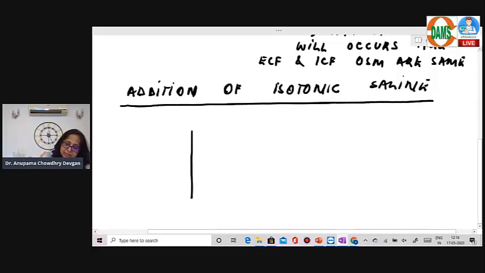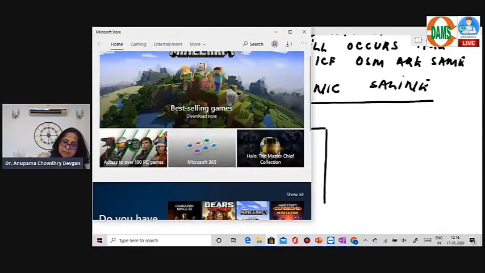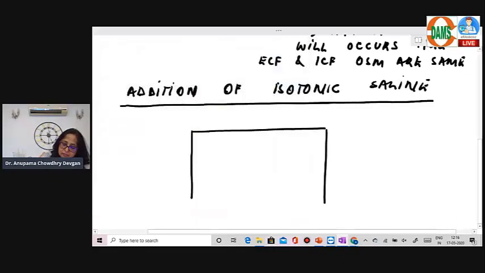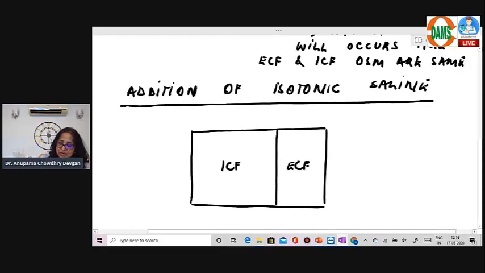So what did I say? This is the normal DY diagram. Total body water, 2/3 ICF, 1/3 ECF. When I add isotonic saline, now there is going to be an increase in total body water. Obviously, you've added fluid, but it is the ECF volume which will increase. But there is no change in ECF osmolality. So this is going to be the net result.